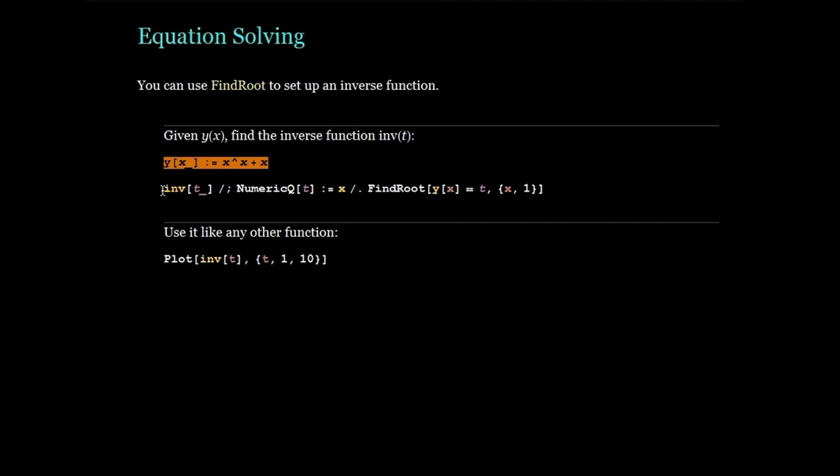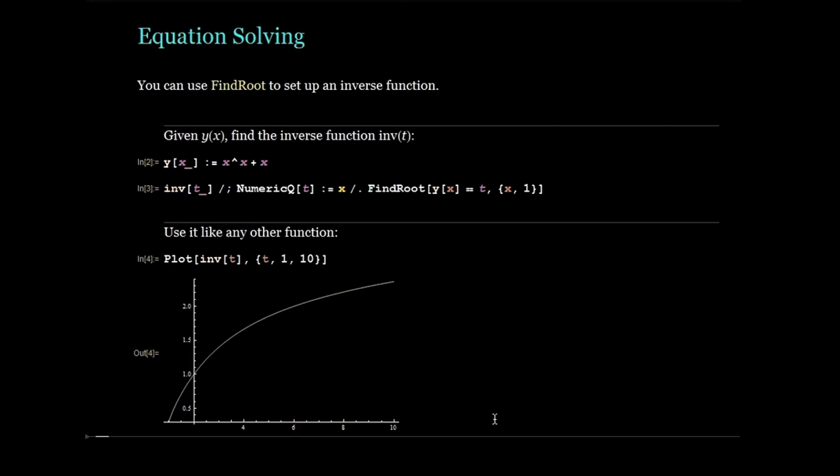We can define a new function inverse of t, which, for each value of t, numerically solves the equation y of x equals t. The resulting function can be used like any other function in Mathematica. Each point on this plot involves one call to FindRoot.